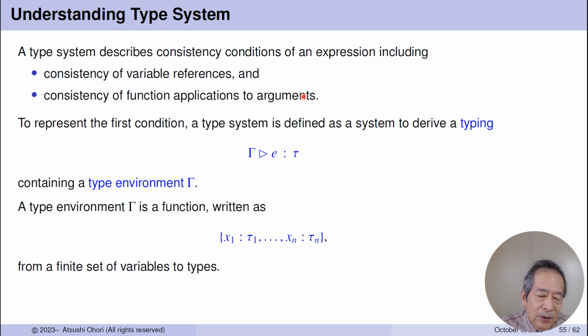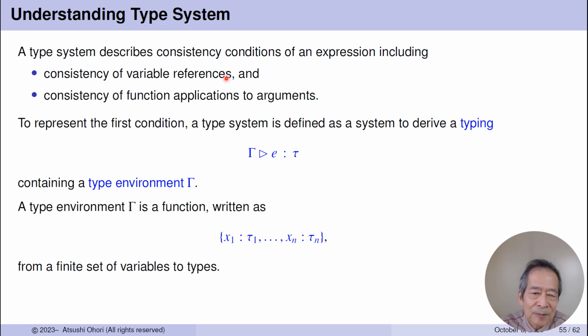However, the most important aspect of a type system is to specify this condition, consistency of variable references. So any language containing names, like a natural language or a programming language which contain variables, the fundamental consistency condition is the following. Any variable must be defined before its usage, right? This is the condition that must be satisfied in any language, including natural language. You can't start by saying some name without a definition.